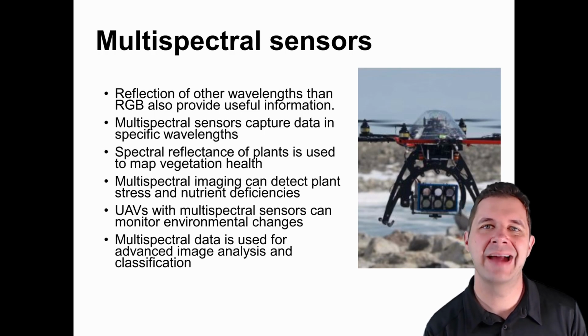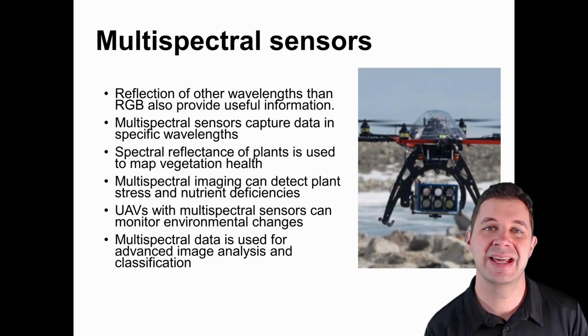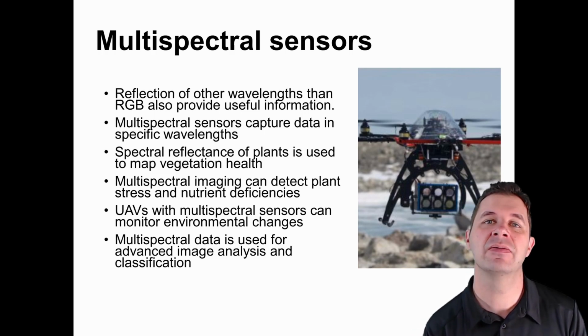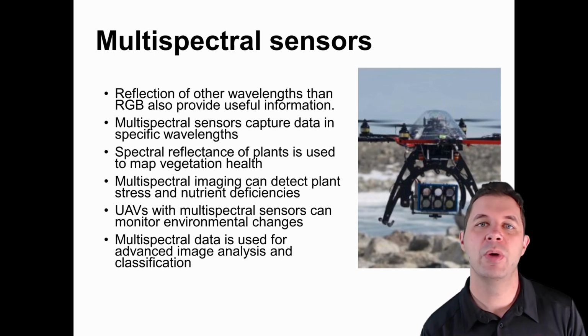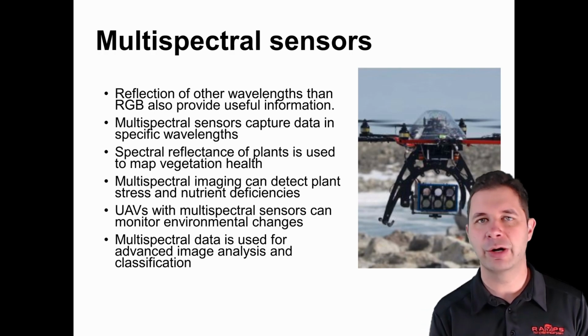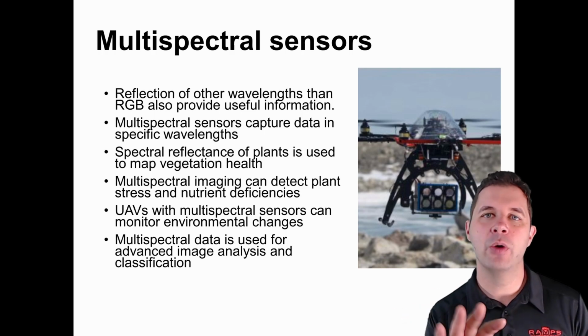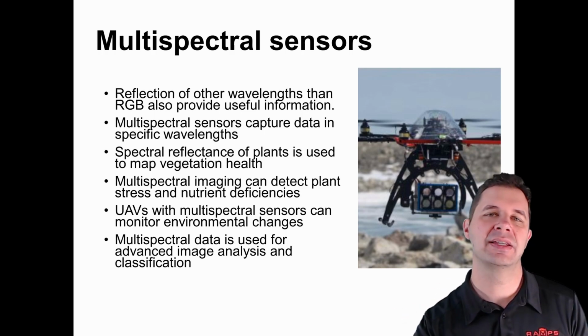Once again, these can be used in agriculture, but they can be used in a variety of different areas around condition assessment. These cameras are quite expensive, and so that's one of the things that holds back these cameras being widely used. But we might be able to do, for example, if we've taken some pictures in an agricultural setting, use a transform on this data to work out what our plant health is and what parts are going well and what parts are not going well.